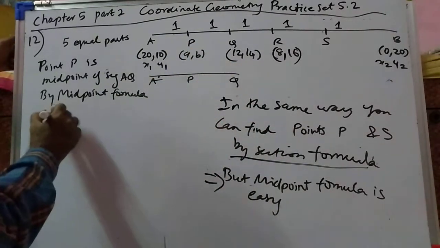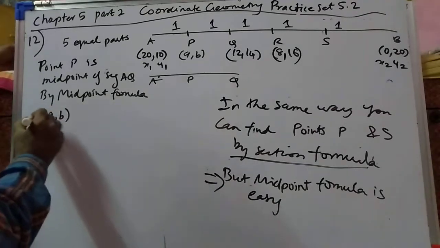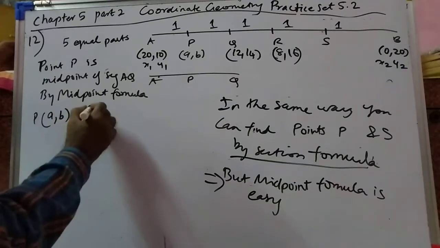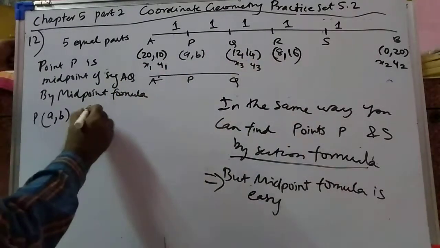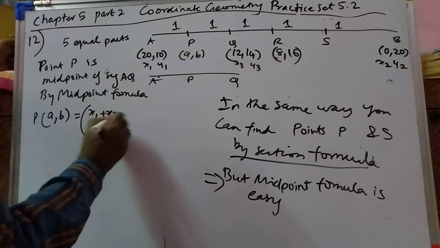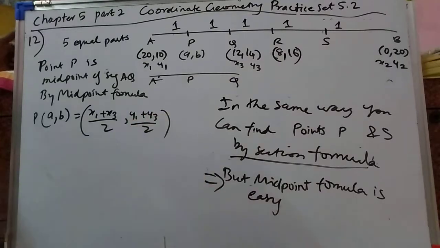Take the points as x1, y1 and x3, y3: (x1 plus x3) upon 2, (y1 plus y3) upon 2.